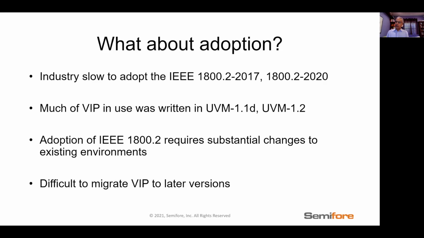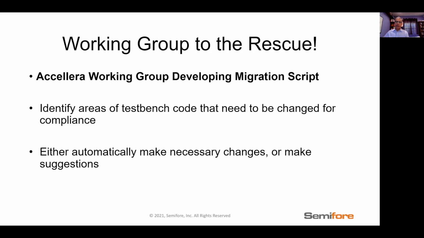So due to the backward incompatibilities that were introduced when IEEE 1800.2/2017 was introduced, users felt that because of all the changes, it was just too difficult to move forward. It's just the sheer amount of changes that they had to make to their test benches prevented a lot of them from moving forward.